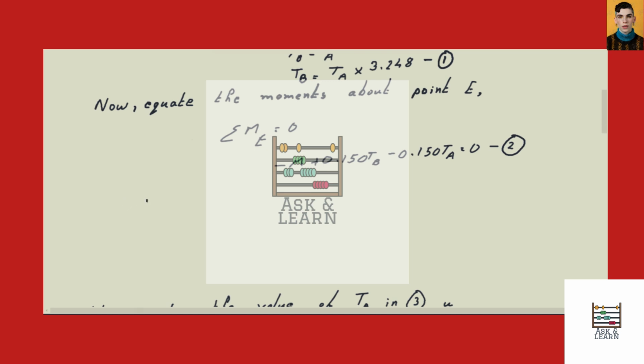So 1 in 2 gives us minus M plus 0.150 into 3.248 times TA minus 0.150 TA equal to 0.